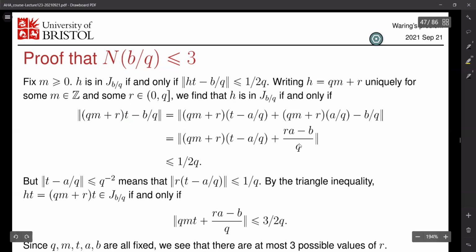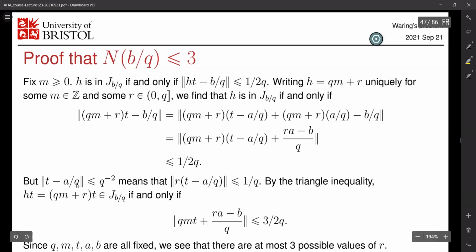Our question is, we're trying to bound the number of h lying inside of the interval j of b over q, which is b over q minus 1 over 2q up to plus 1 over 2q. And that's just this statement right here. We want to know when this thing now is less than or equal to 1 over 2q. But here's where our condition comes in to save us.